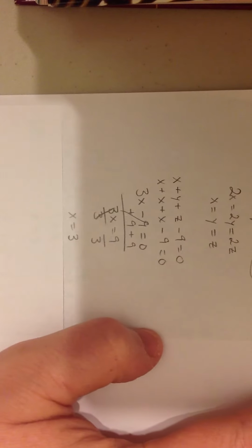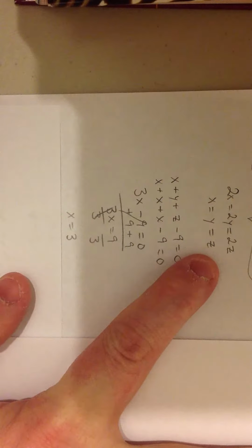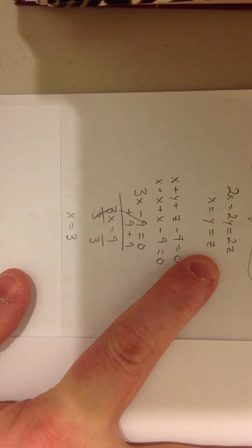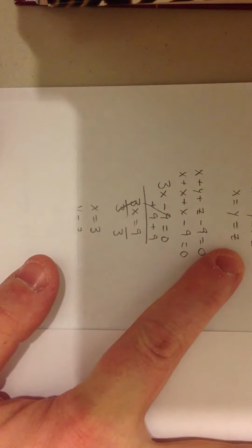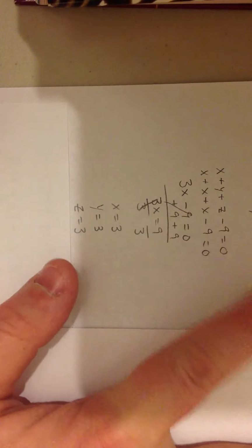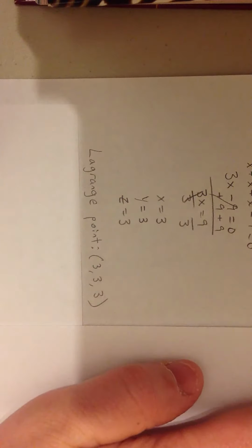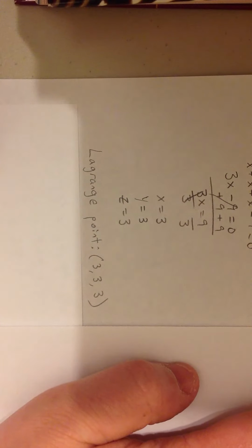Then, if you recall, up here we said x equals y equals z. So if x equals 3, then y and z also equal 3, which gives us our Lagrange point of 3, 3, 3.